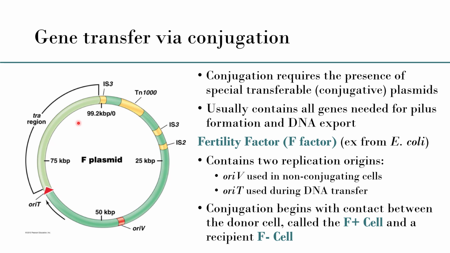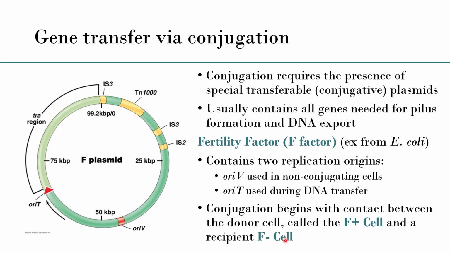Now, conjugation is going to begin when there is contact between a donor cell and a recipient cell. The donor cell is going to be called the F plus cell. The recipient is the F minus cell. Plus meaning it has the fertility factor, the F factor plasmid.